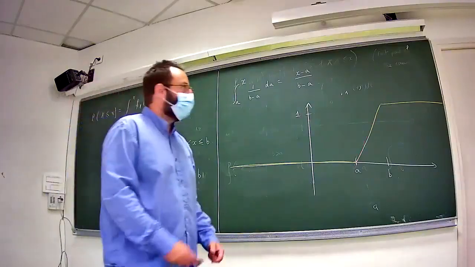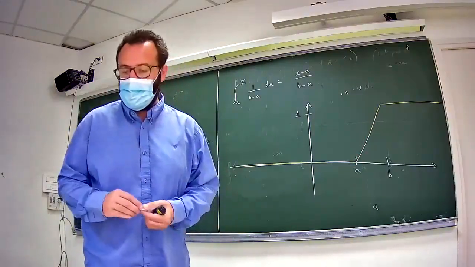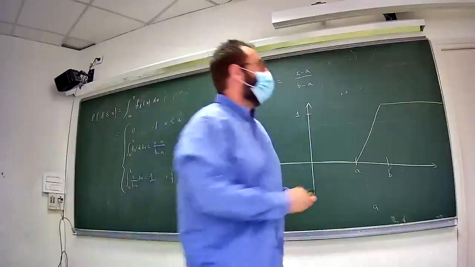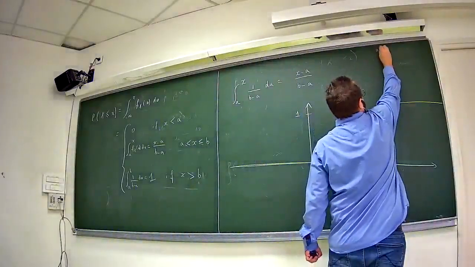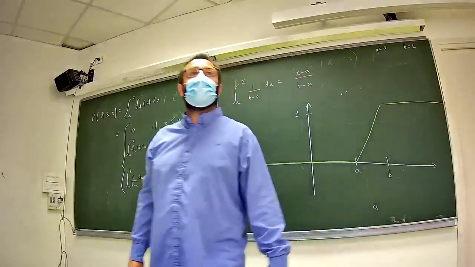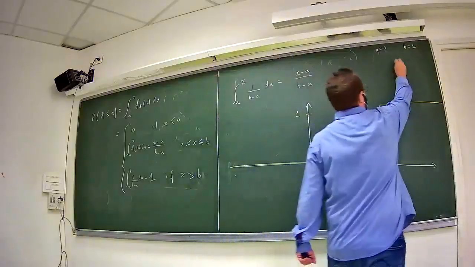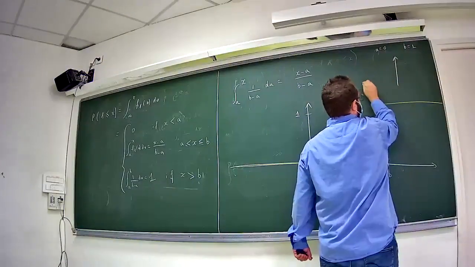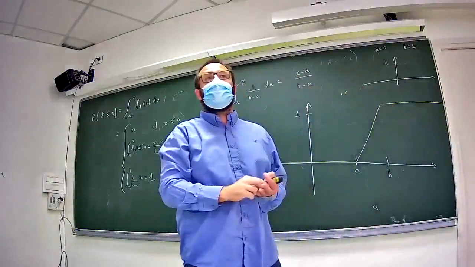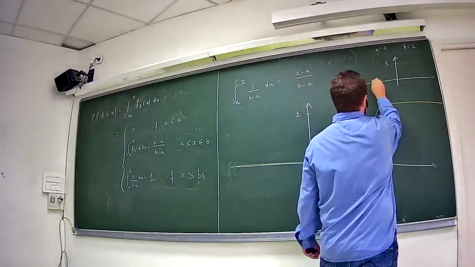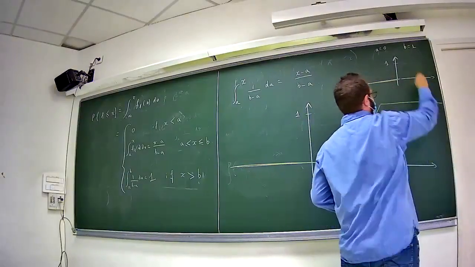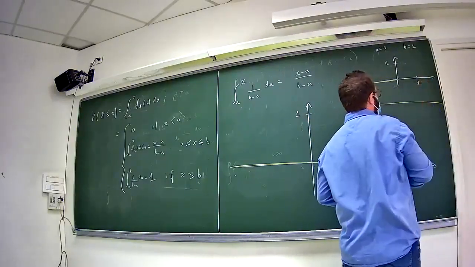So just a little remark concerning a particular case that we are going to use a lot. Suppose that you have A equal to 0 and B equal to 1. That is the uniform on the interval 0, 1. If I plot its distribution function this way, before 0 I am 0. After 1 I am equal to 1.